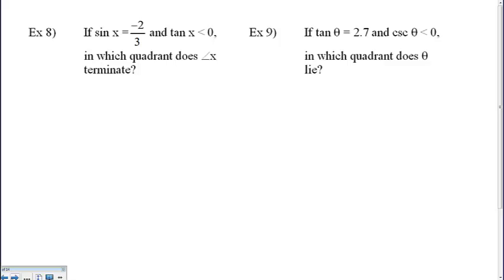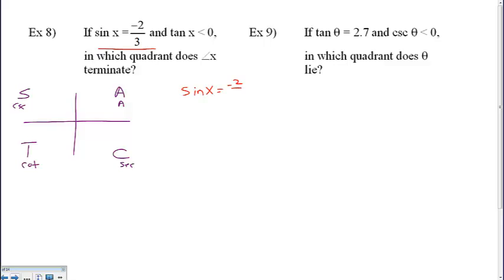In example 8 and 9, I'm doing the exact same thing, except I have to interpret the data based on different values for my functions. Start the same way, label your quadrants, use your mnemonic, and label where the reciprocal functions are positive. Now I'm told that sine of x is equal to negative 2/3. Well, what does this tell us about the sine of x?